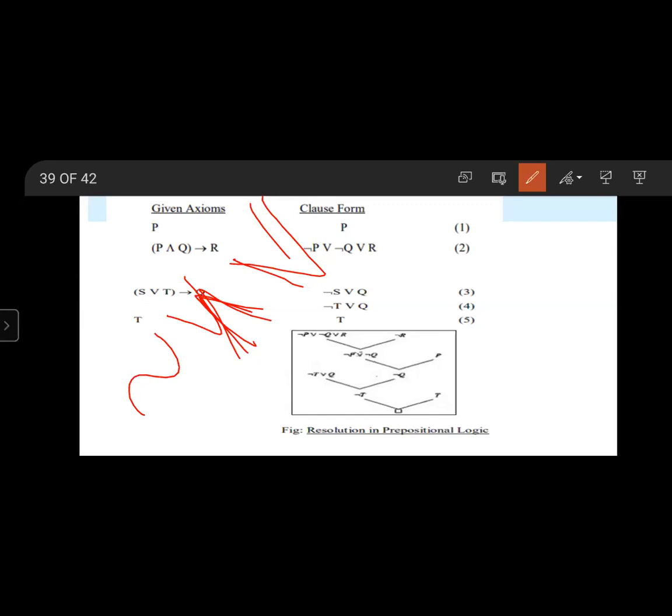For example, the set A or B, not A or D, C or not B represents a set of clauses. The procedure by which such clauses for a given formula can be obtained is as follows.